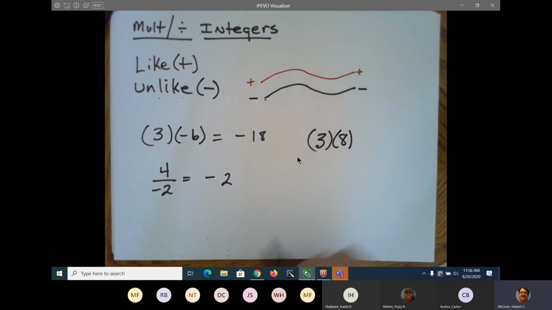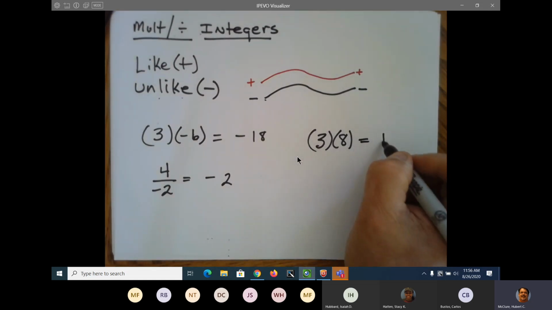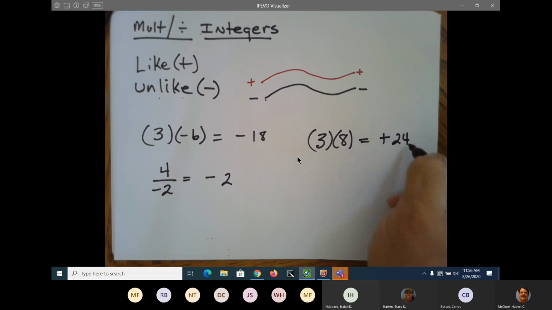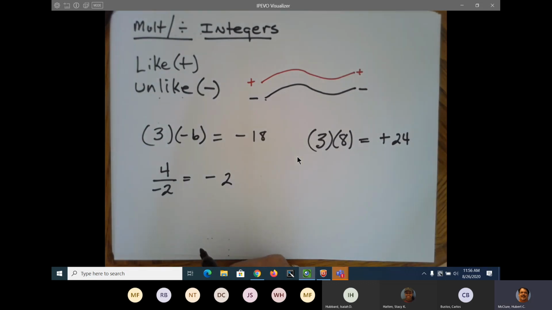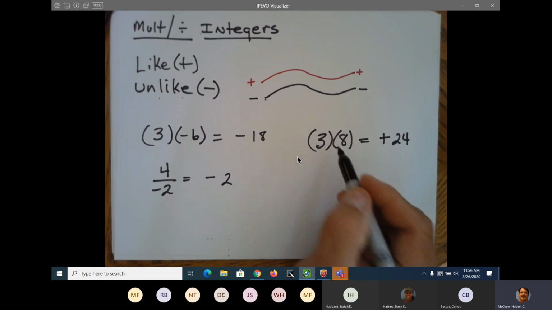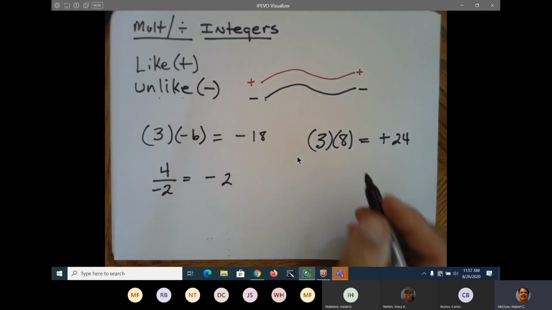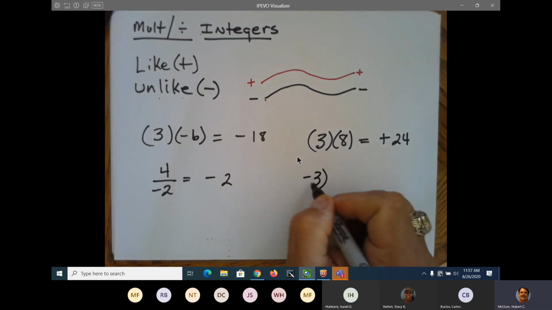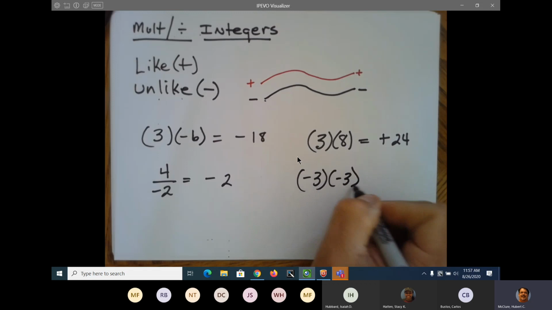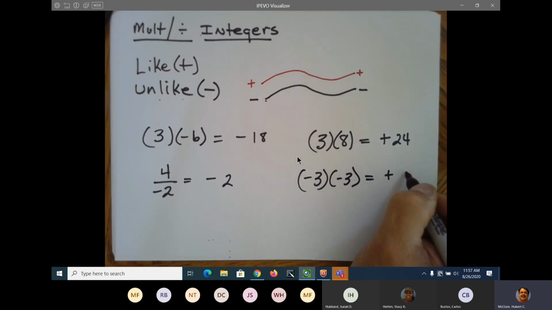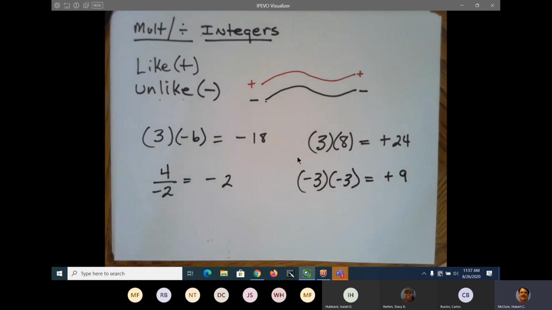Well, they're both like signs, positive 3 and positive 8. The answer is going to be positive 24. Now, of course, you don't have to put the positive. I just put that to show you that we have like signs. And negative 3 times negative 3 is equal to positive 9, like signs. And that's how you do division and multiplication.